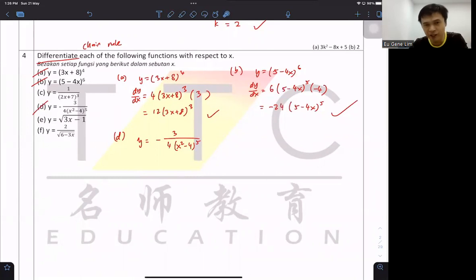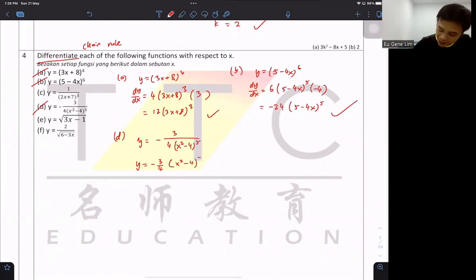The bracket at the bottom cannot differentiate, so you have to bring up. You don't differentiate first, you bring up like this, negative 3 over 4 x square minus 4 power negative 5. You bring the whole bracket up, become power negative 5. Then only you can differentiate.